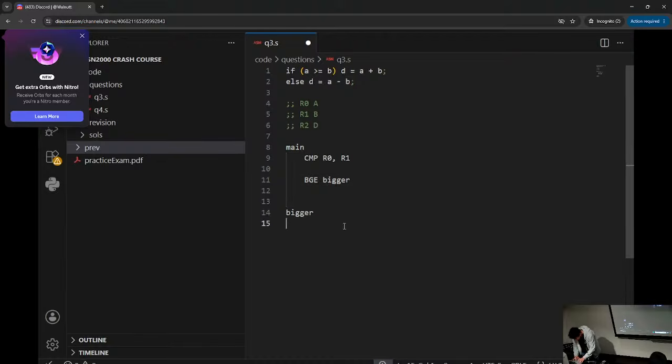Right? And then here, if R2 is D, then we just do our add R2, R0, R1. Right? And then if it's not bigger, we can subtract R0 and R1.